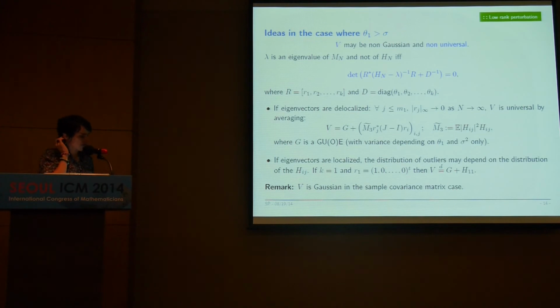So first, by simple algebra, it's possible to show that lambda is an outlier, which is an eigenvalue of Mn, which is typically not that of Hn because it's outside the support of the semicircle distribution, if and only if this equation is satisfied.